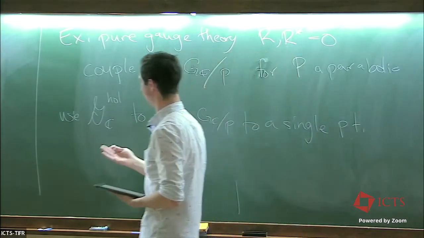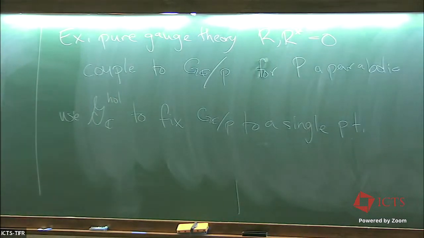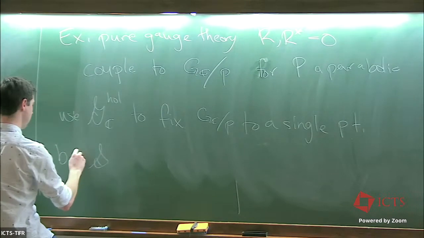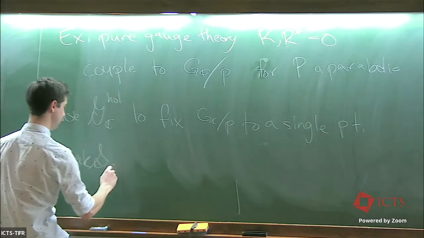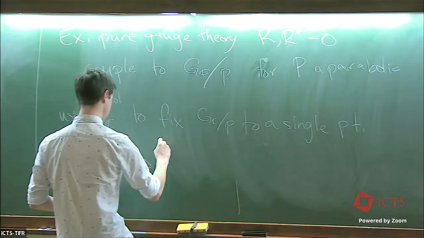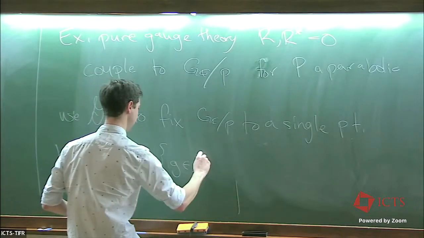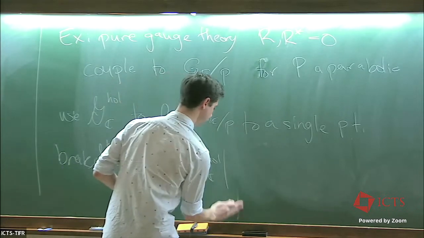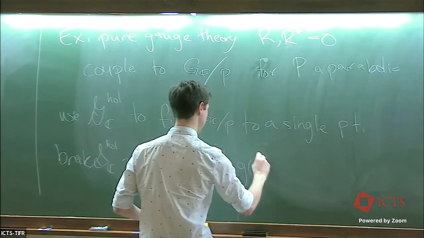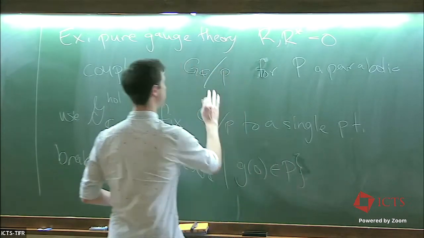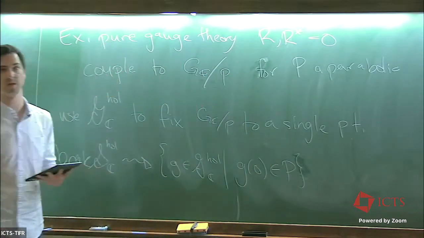But of course, this will break some of the gauge symmetry. In particular, this will break G_C holomorphic to the G in this group such that G of 0 belongs to P. Indeed, the stabilizer of a point in here is just P.